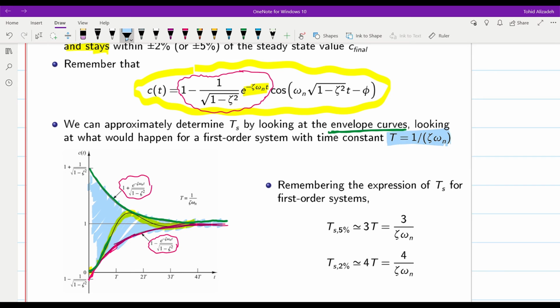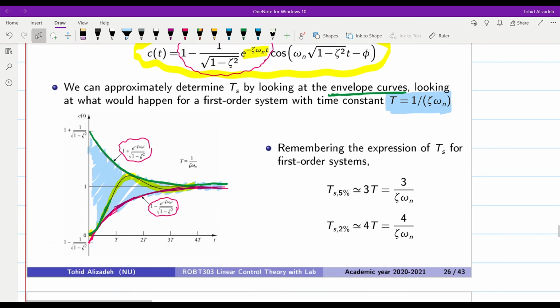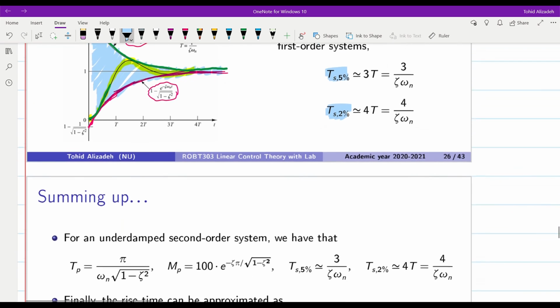So this will be the time constant for a first order system, which would give us a step response similar to what we have over here. And then now we can have an approximation for the 5% settling time and 2% settling time, referring to the first order systems, in the form of 3 times the time constant or 4 times the time constant. And then we will have 3 over ζω_n or 4 over ζω_n.